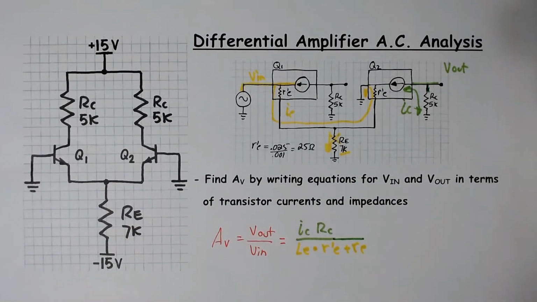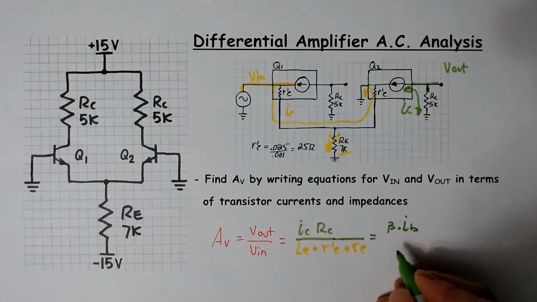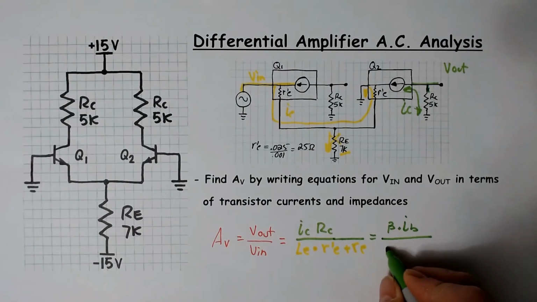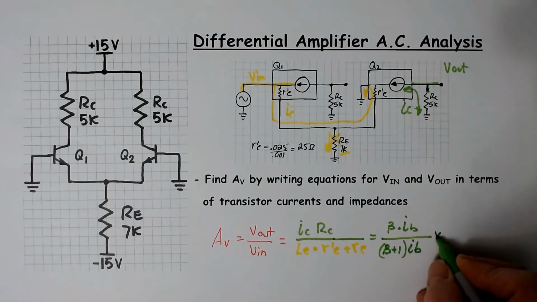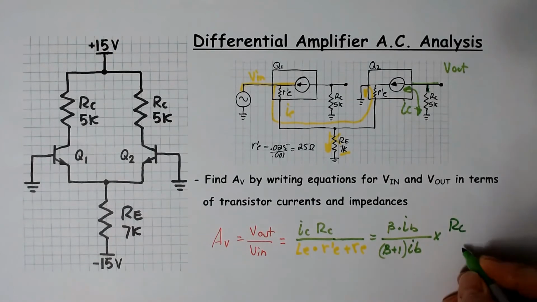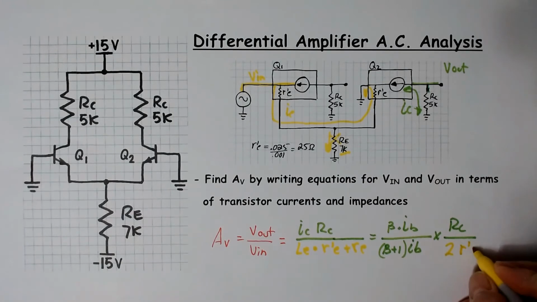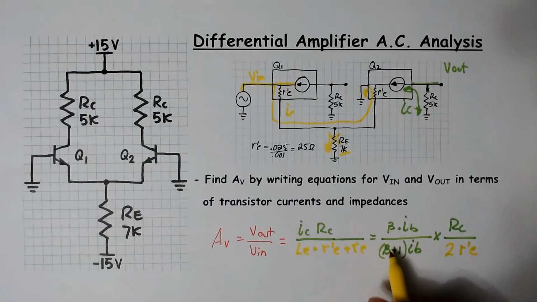So let's eliminate IC and IE by putting both of them in terms of beta. So for IC, I would say that that is beta IB, and IE, I would say is beta plus 1 IB. And we're going to multiply that by RC over 2 R prime E. Now beta over beta plus 1, it was 100.